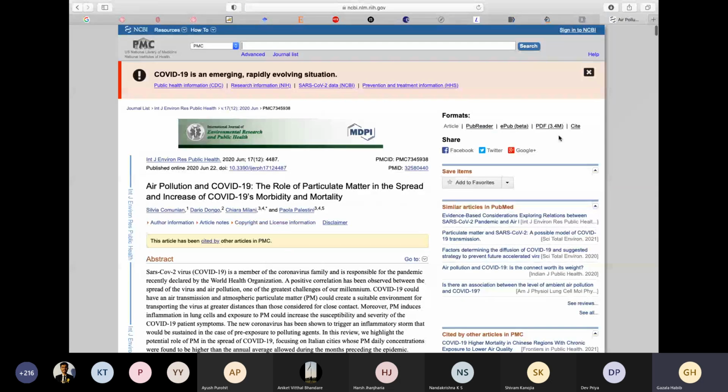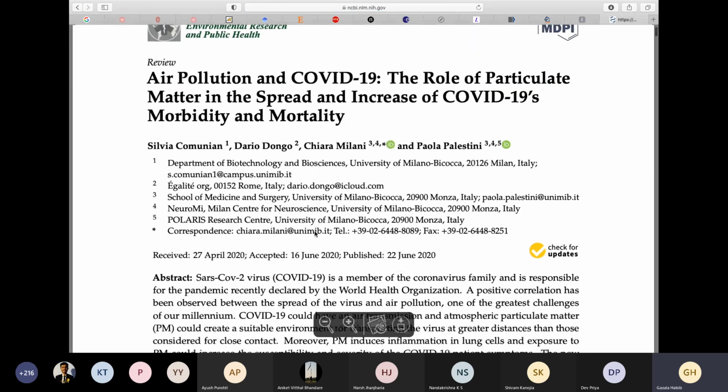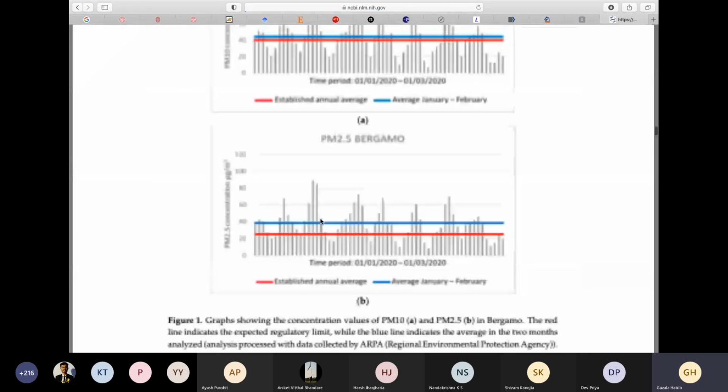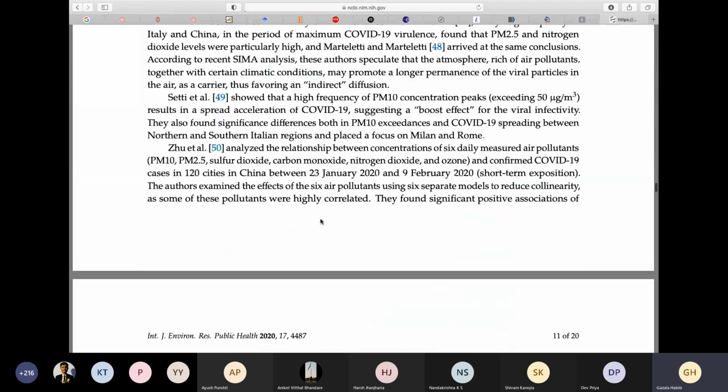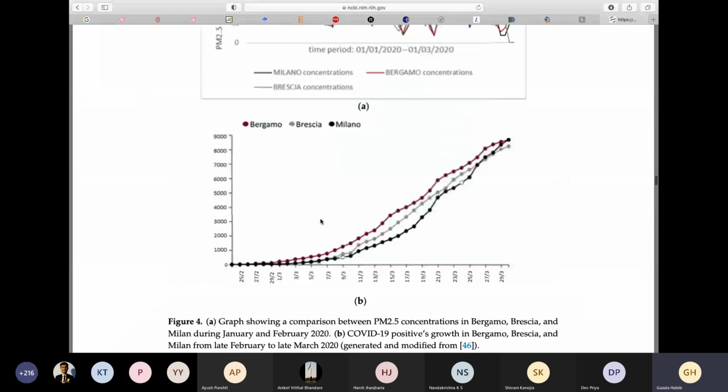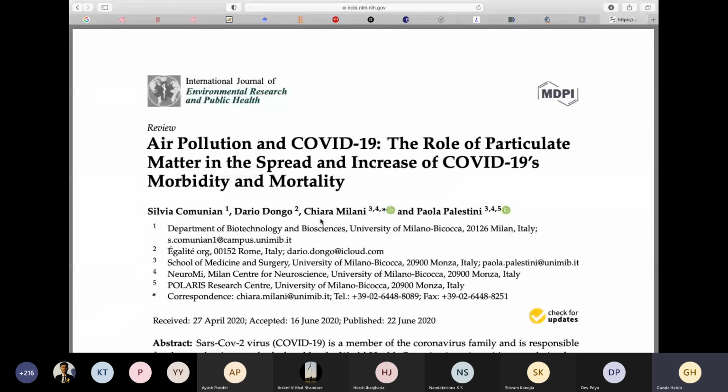But first I will go through the paper, then I will think whether I should upload it or not, because I do not want you to have a very complicated paper. So let me see how this paper describes this hypothesis and proves it. Okay, so one paper I have found.